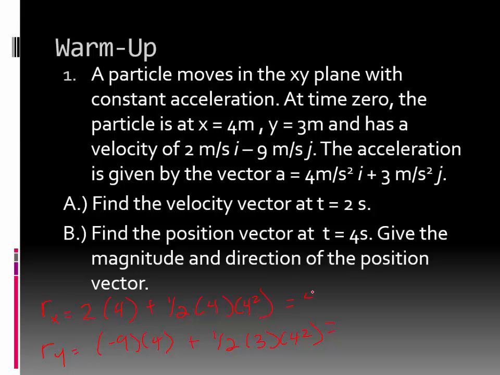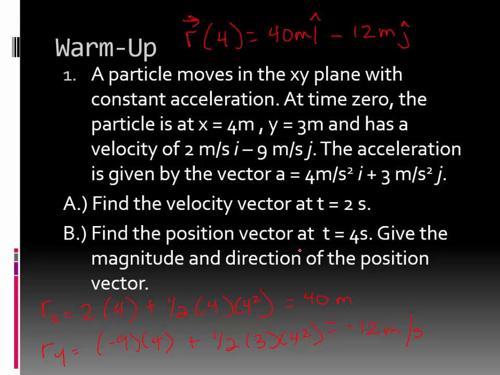So this one will be 40, and this one will be -12. So when we write this, we can say the r vector at 4 will be 40 meters i hat minus 12 meters j hat.